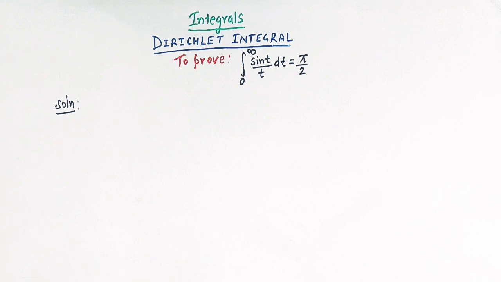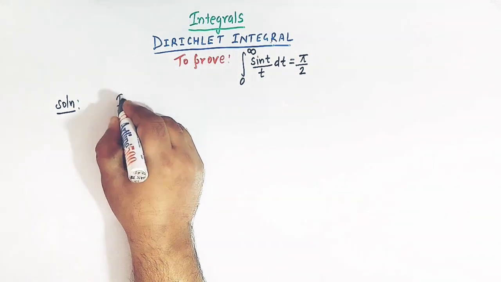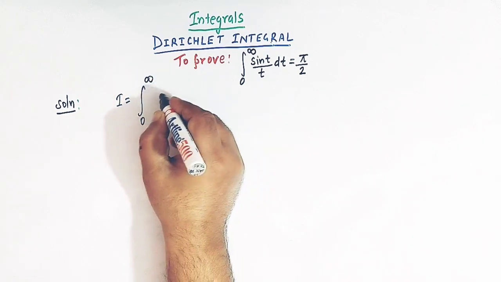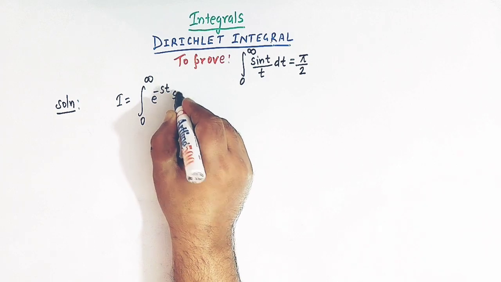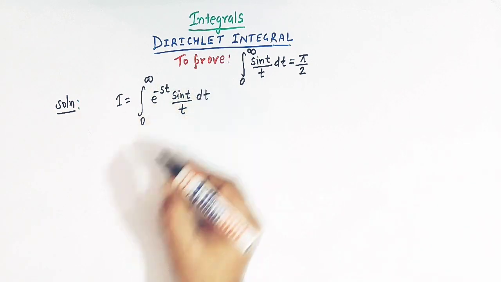So viewers, Laplace transform is a powerful tool for proving or getting the values of important integrals. So here we'll start with a very important integral of this form, that is 0 to infinity, and we have e raised to minus st and sine t over t dt.